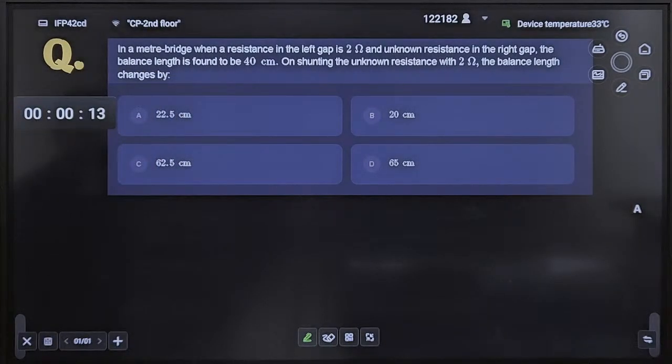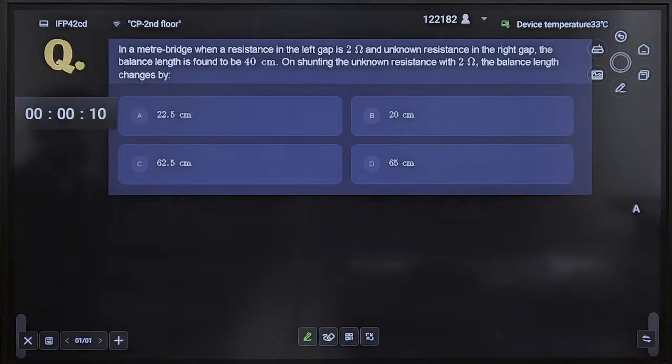Start the question. Read the question properly at least, so that when we discuss, we will understand the question much better.